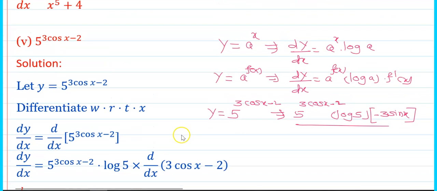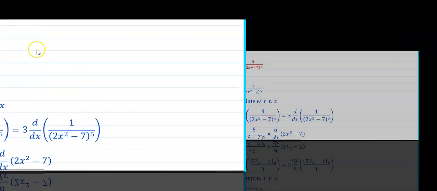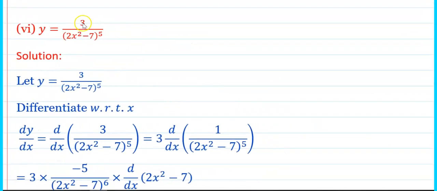Now the next problem. y is equal to 3 upon 3x square minus 7 raised to 5. Again, here look at the function. If you look at the list of formulas, here is 1 upon x raised to n.